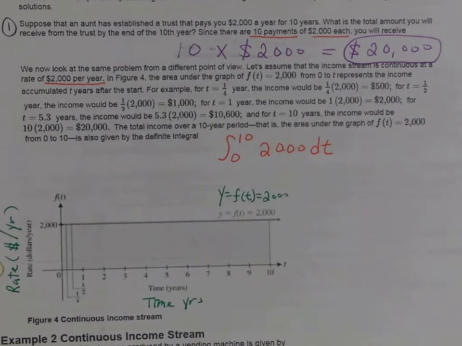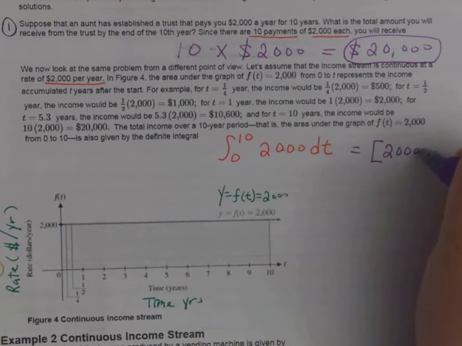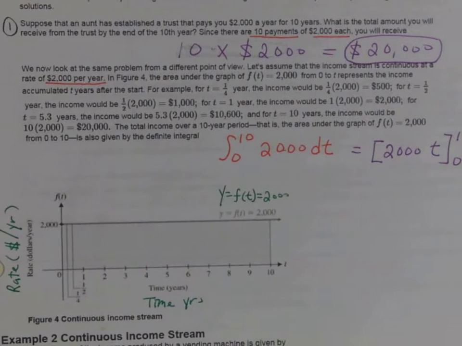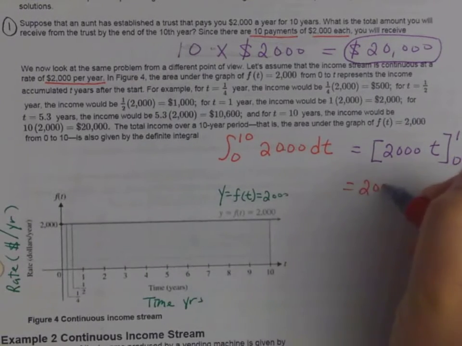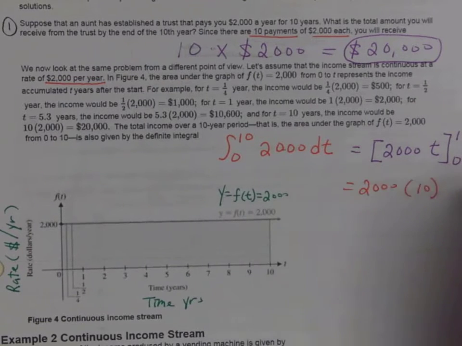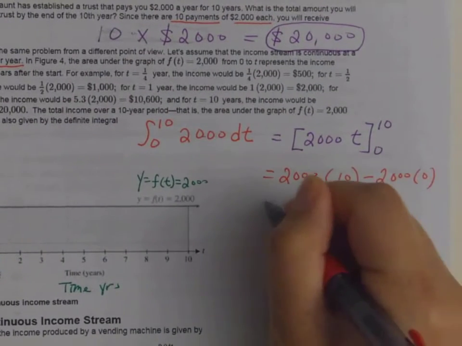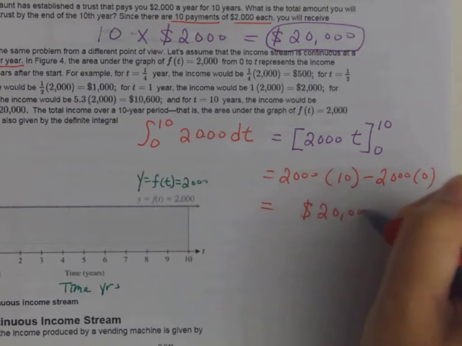The integral becomes 2,000 t, with t from 0 to 10. We plug in 2,000 times the upper limit minus 2,000 times the lower limit, and that is still $20,000. So that's another way to calculate it.